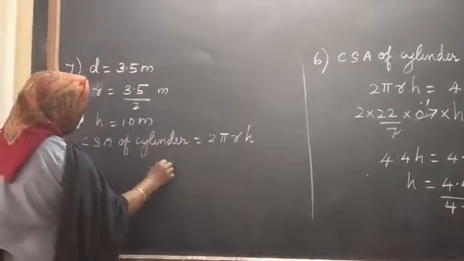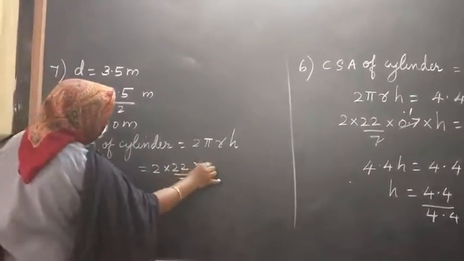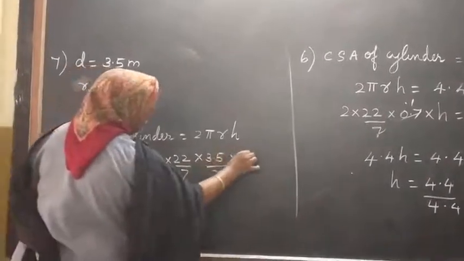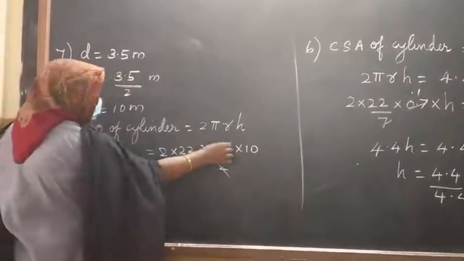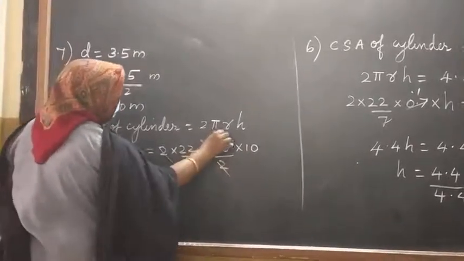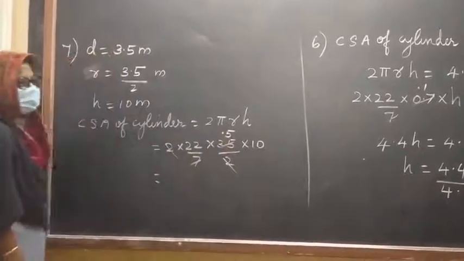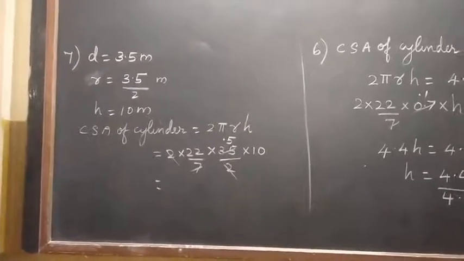So here 2 into 22 by 7 into 3.5 by 2 into 10. So 2 you can cancel here. Half of 10 is 5.